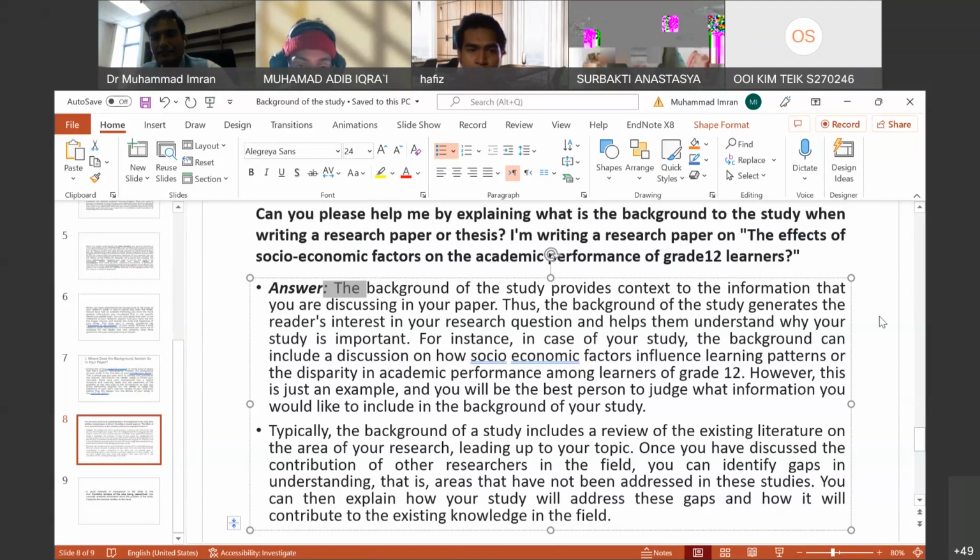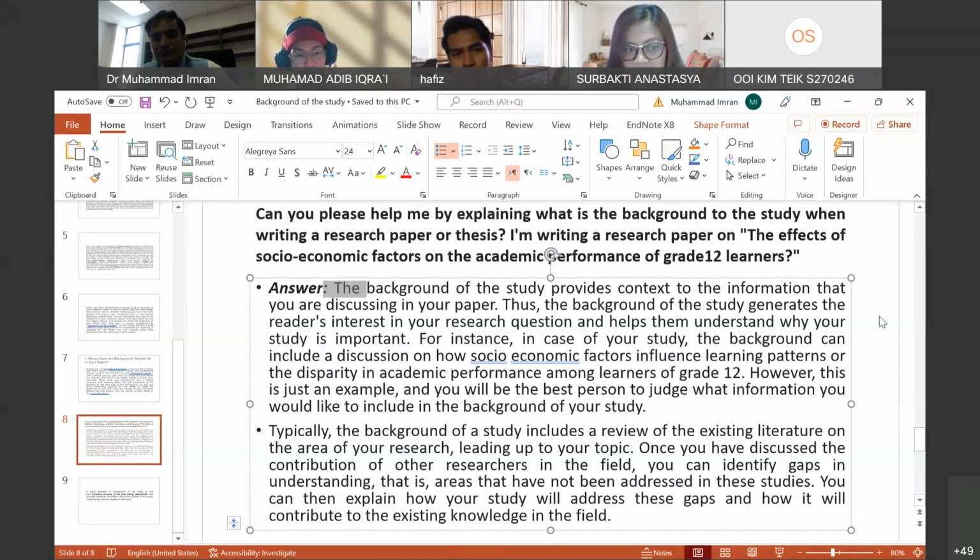However, this is just an example, and you will be the best person to judge what information you would like to include in the background of your study. Typically, the background of a study includes a review of the existing literature on the area of your research, leading up to your topic.